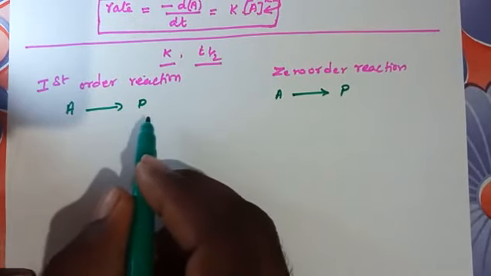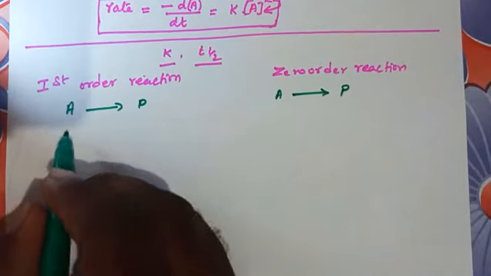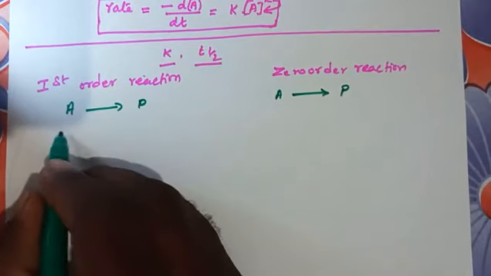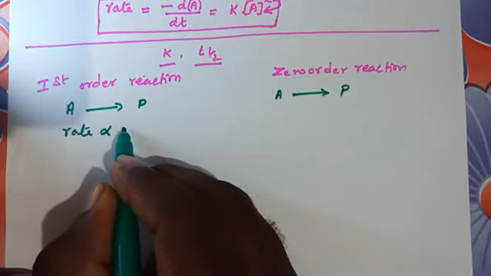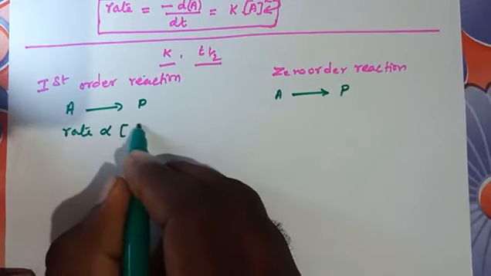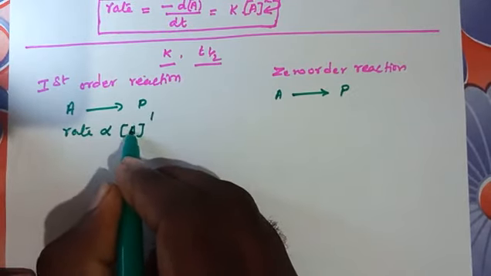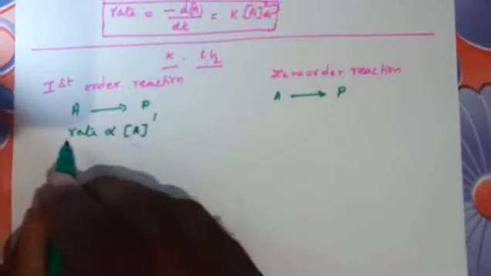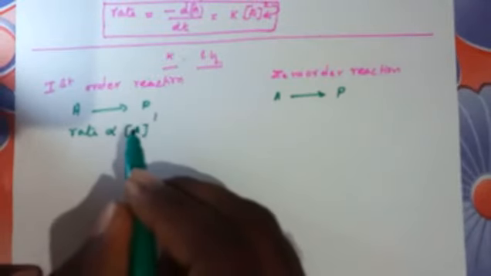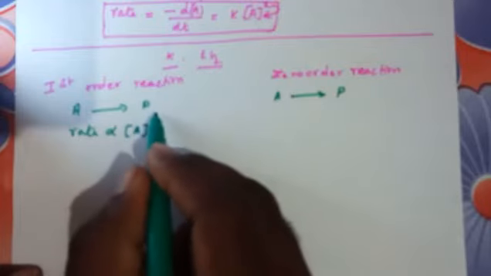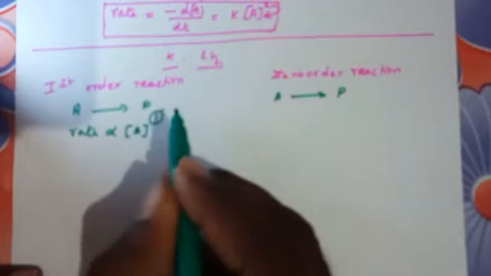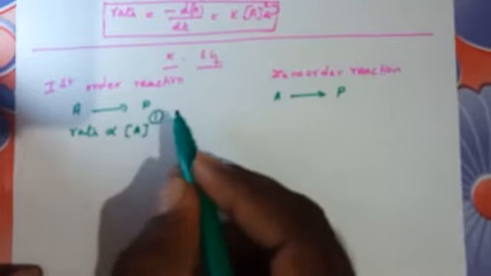From the above equation, the rate of the reaction is directly proportional to the first power of the concentration of the reactant only, which is called a first order reaction. Here the order of the reaction is 1, so it is called a first order reaction.